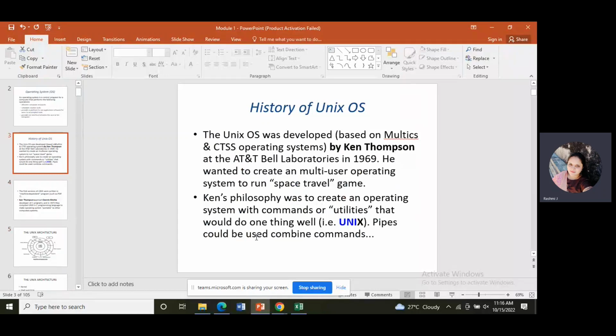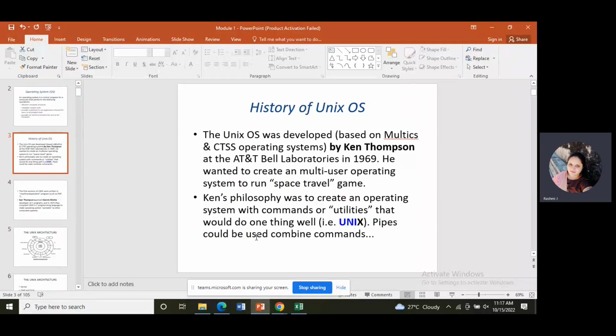After that, based on this BSD Unix, Sun Microsystems developed an operating system called Solaris. So first Dennis Ritchie developed Unix in C language in 1973. Based on this, Berkeley, California developed BSD Unix. After that, Sun Microsystems developed an operating system called Solaris.